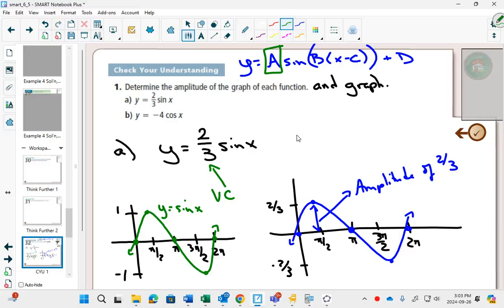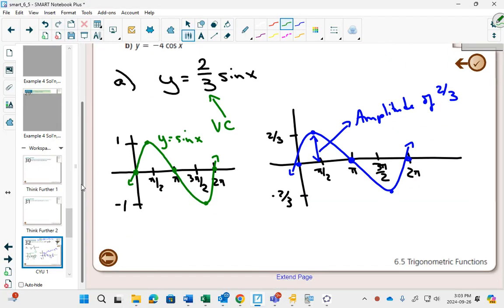And as a shortcut, we're going to find out that that A value affects the amplitude. And somehow, don't know how you're going to do this, you're going to have to remember that the A value affects amplitude. Don't know how you're going to remember that. But you have to come up with something strategic that the A value affects amplitude. Okay? All right.